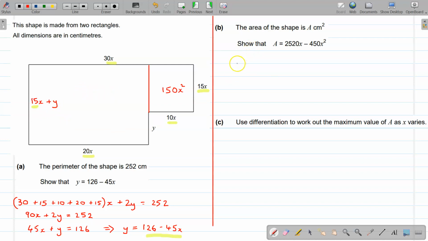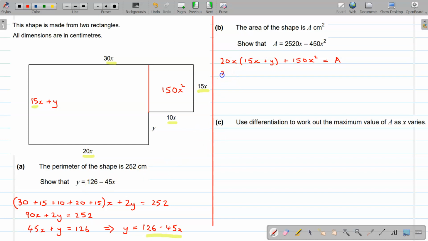So I've got 20x times 15x plus y plus 150x squared, which is equal to the area A. Now if I multiply that out, I'm going to replace the y term with whatever it is in terms of x, which is this thing here.